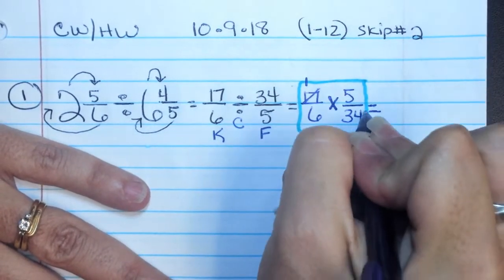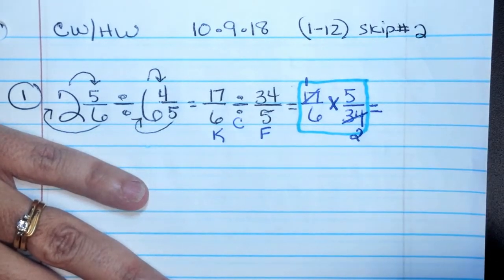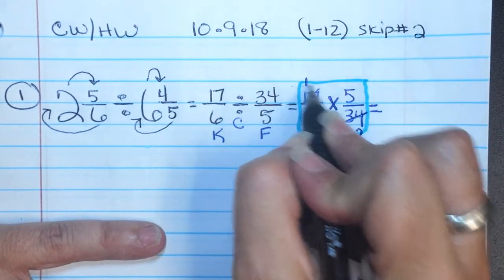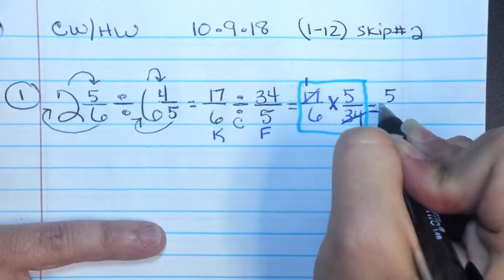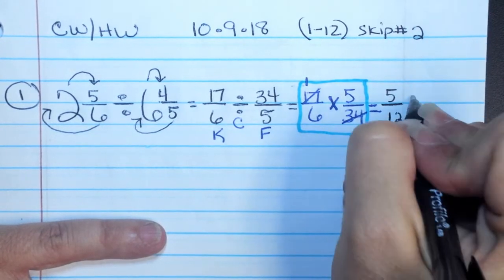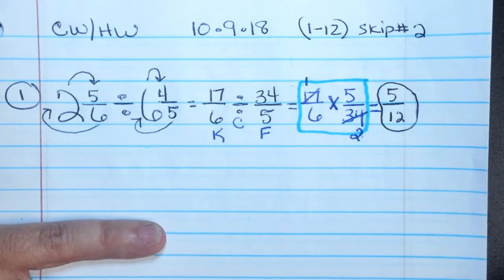How many 17s are in 34? 2. Nice. Now it's just like last week. I can multiply. 1 times 5 is 5. 6 times 2 is 12. And it doesn't simplify anymore, so I'm good to go.